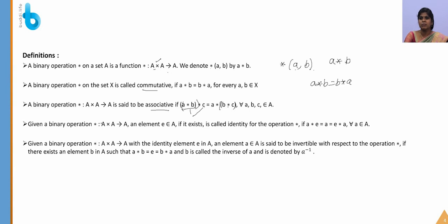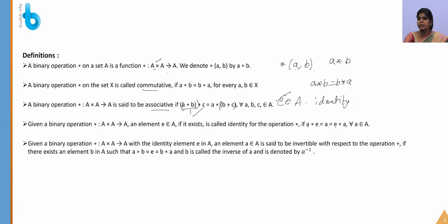Then, given a binary operation star from A cross A to A, an element e belonging to A, if it exists, is called the identity for the operation. That is, if there exists an element e in A, then this e is called the identity when a star e equals a, or e star a equals a.